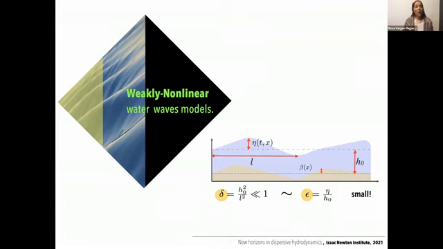And all of them are in the long wave regime, which assumes that these two adimensional quantities, which relate the typical wave amplitude, the typical wavelength, and the mean depth of the fluid domain, are small.